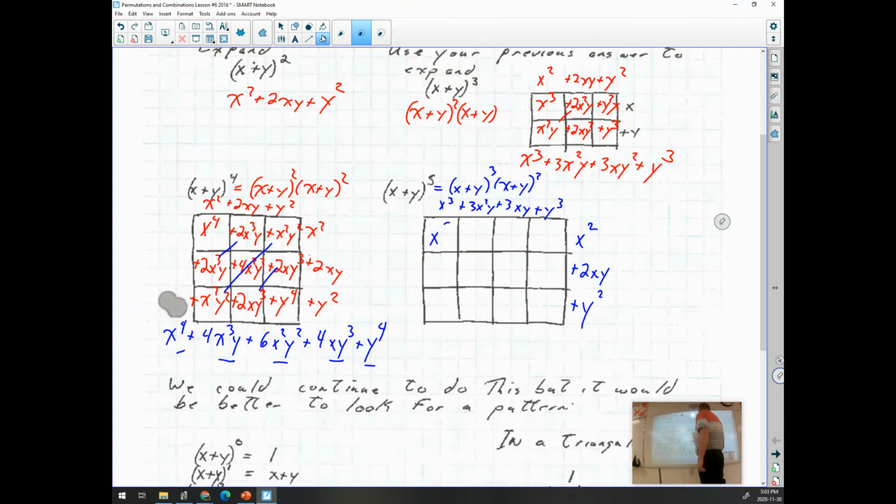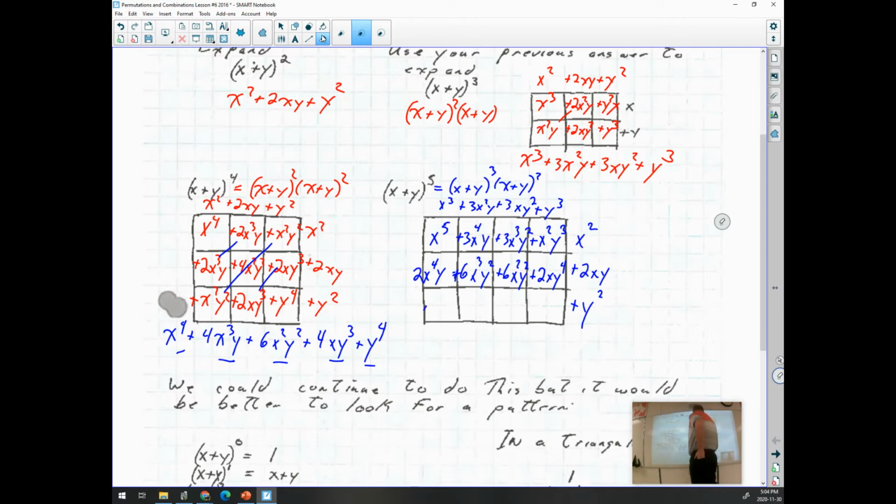So we've got x^5 plus 3x^4y plus 3x^3y^2 plus x^2y^3, and then we have 2x^4y plus, sorry, not 3, that should be a 6, plus 6x^3y^2, and finally plus 2xy^4.